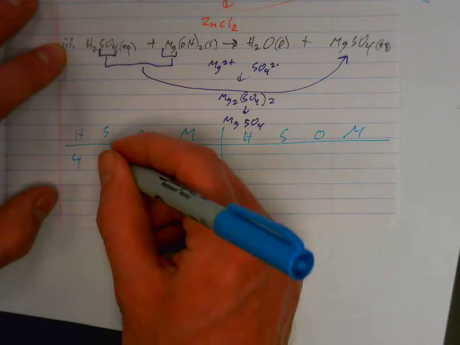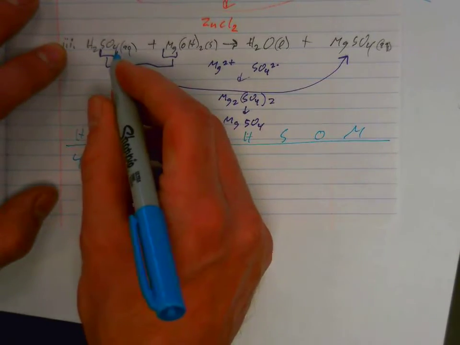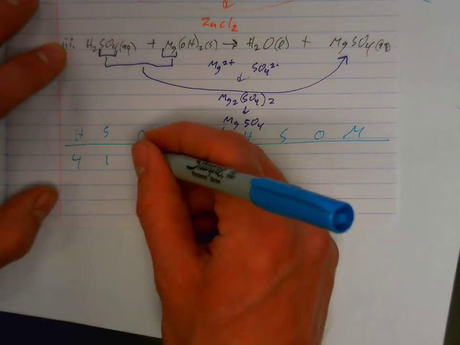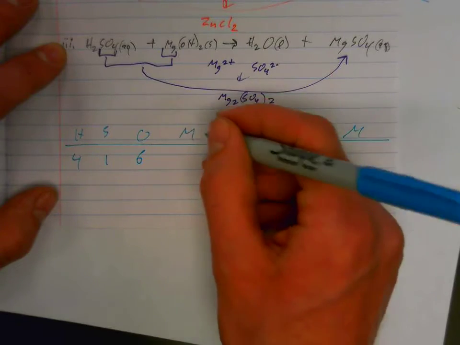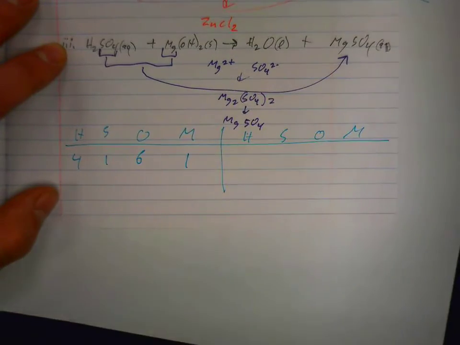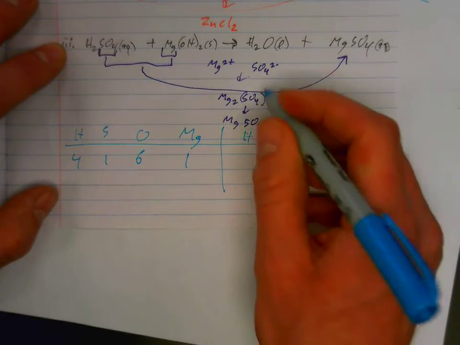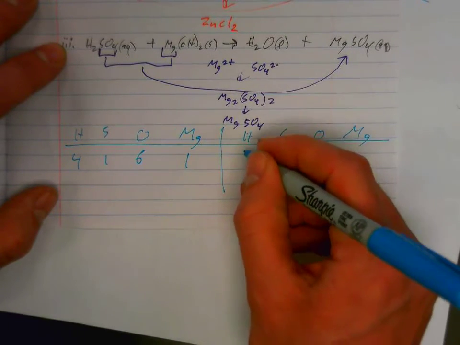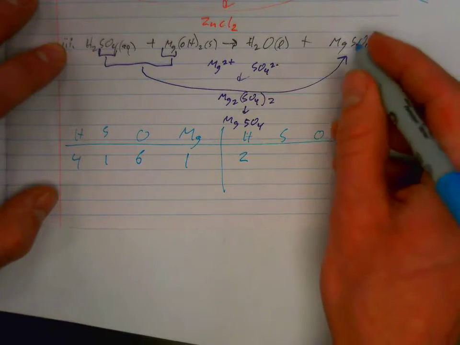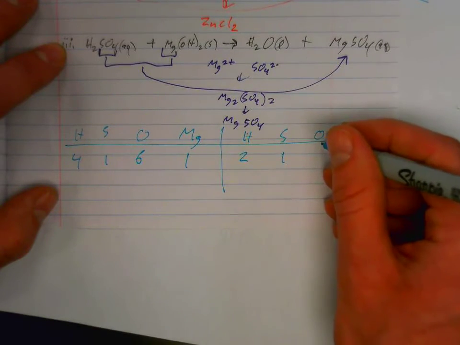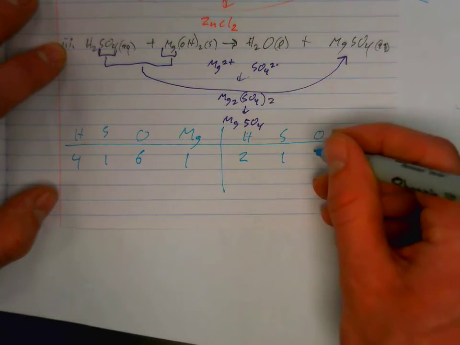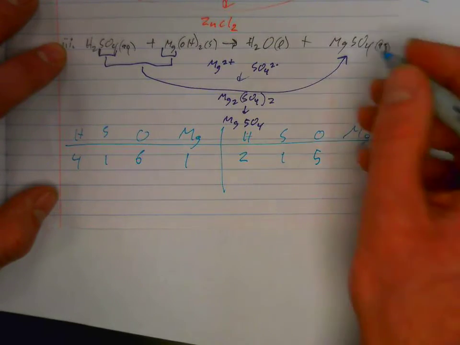Sulfur, there's 1. Oxygen, there's 4 here, plus 2 more, makes 6. Magnesium, there's 1. On the right, hydrogen, there's 2. Sulfur, there's 1. Oxygen, 4 plus 1 more, 5. Magnesium, 1.